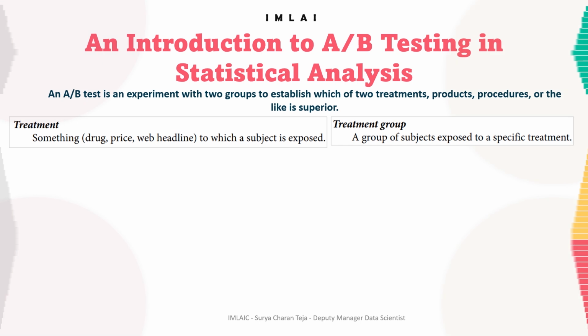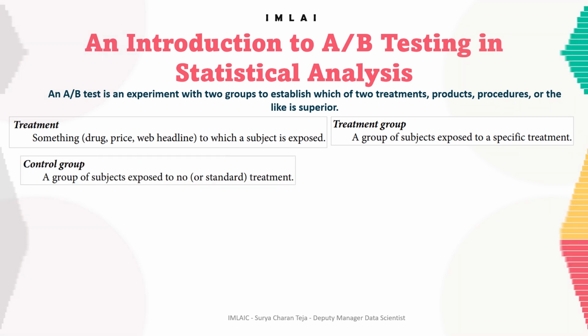A group of subjects exposed to a specific treatment is known as a treatment group. Then a control group is a group of subjects exposed to no treatment, or the standard treatment, as we have discussed earlier.